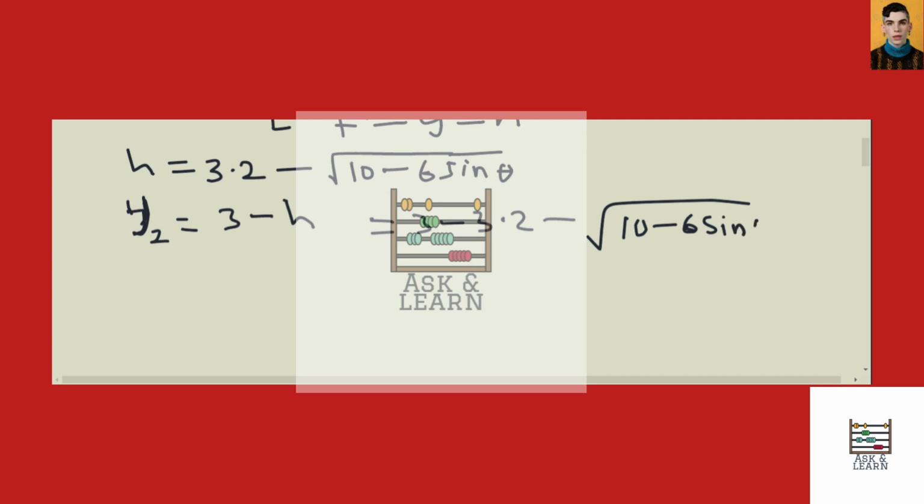We know why we have sin theta, because cos of 90 minus theta is equal to sin theta.